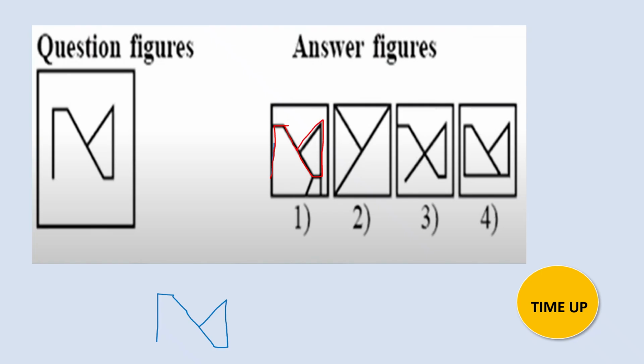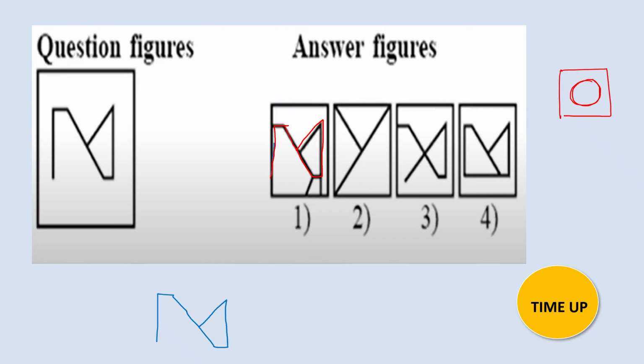But what I had told you: if this is the outer boundary, whatever image is present inside, just now I had told you this. The outer boundary we should not consider, but whatever image is there, you need to find out where it is embedded. In the first option, it has been replicated on the boundary itself.